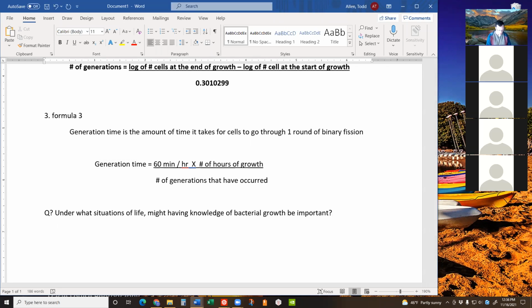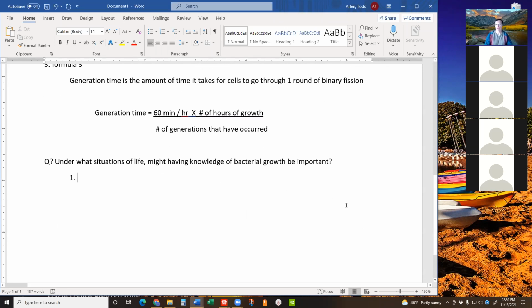And so I'll start with number one, and I'd like you to help me add to this list, okay? Knowing things about bacterial growth, or in general microbial growth, can be important. One is if you want to manufacture a biological product.